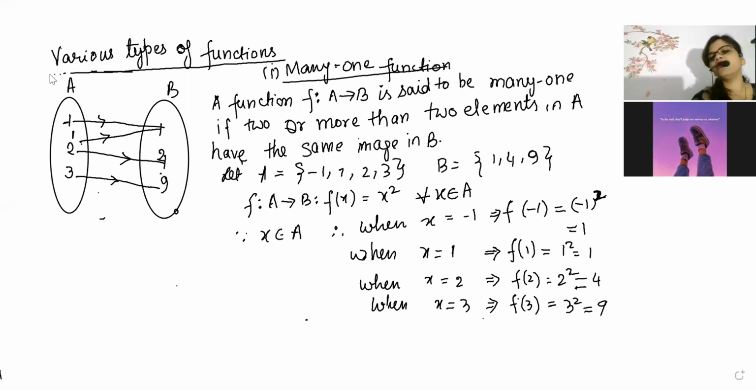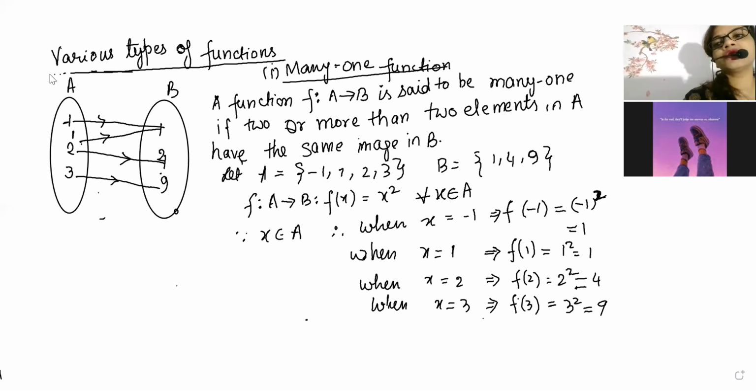This was a many-one function, many to one. Many means many inputs can have one output. The answer lies in the name itself, many-one.